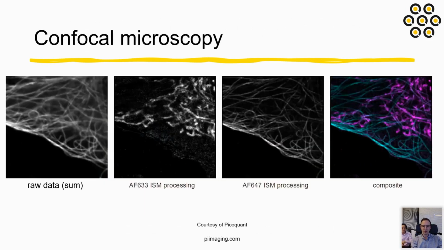You can see more details on this slide, where we go from a blurry image, like here on the left-hand side, and then being able to differentiate 2 different fluorophores within the sample because of the time tagging that we have, and then mapping that all together in a beautiful color image with super high resolution.